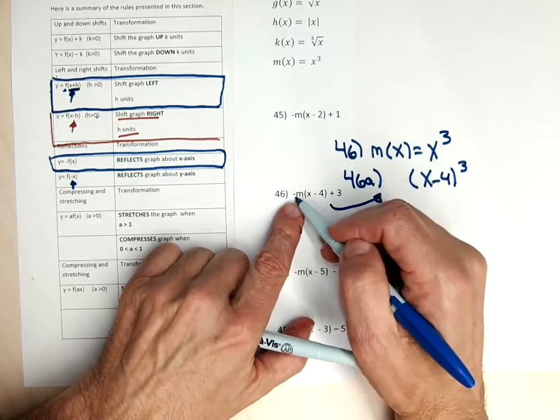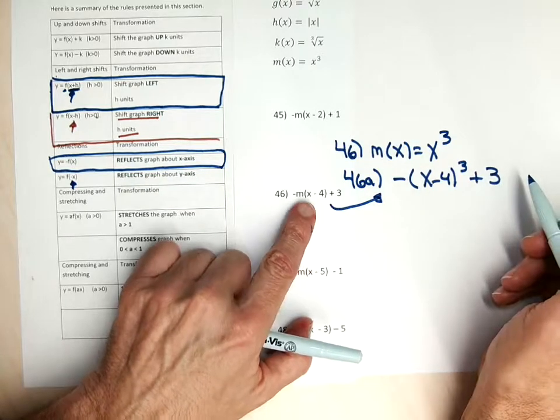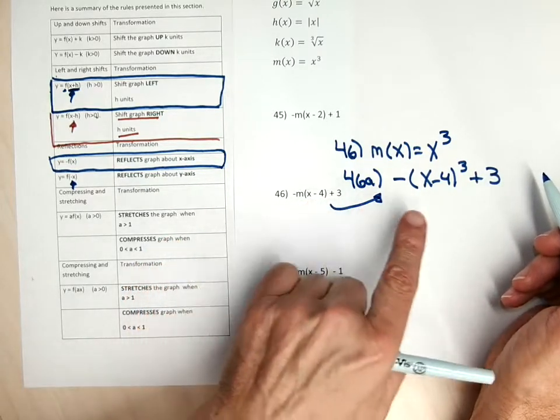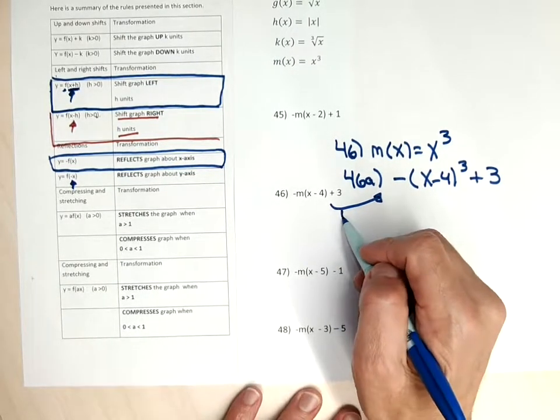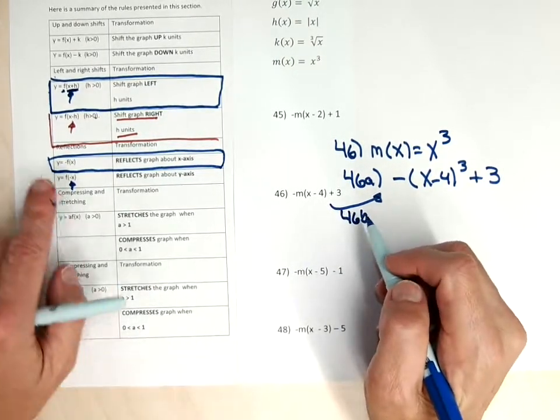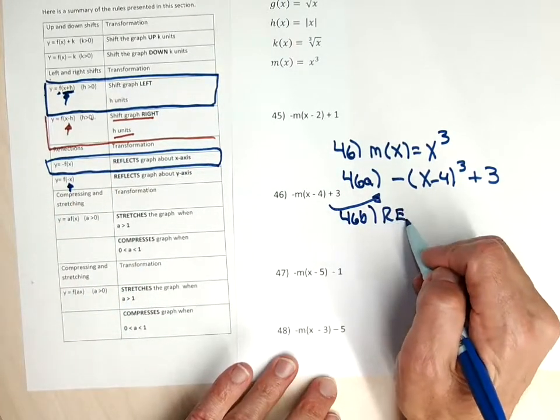The minus in front of the function would go in front of this parentheses, and then the plus 3. I like writing the function notation and then the problem, but I forgot to write that, so be it. For part B, negatives in front of function notation reflect over the x-axis.